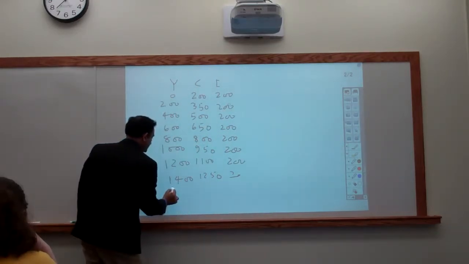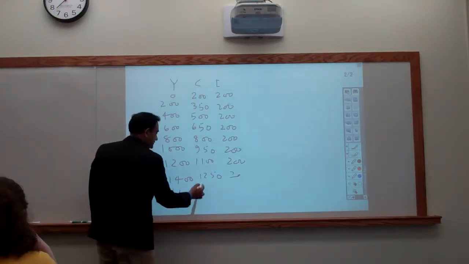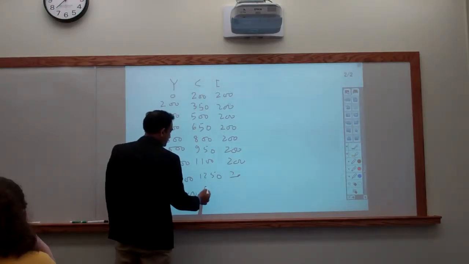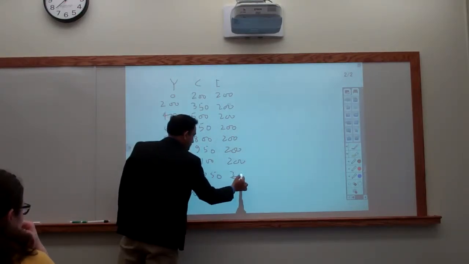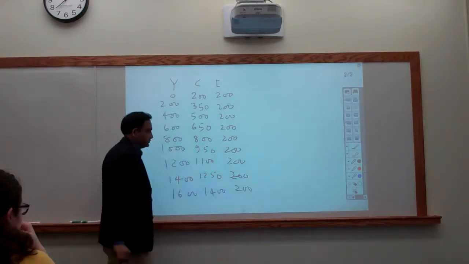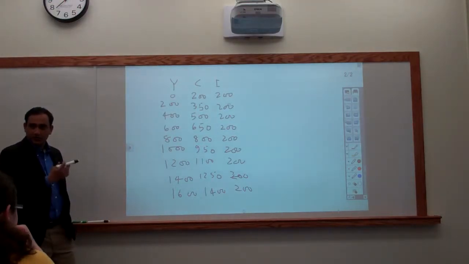So let's extend it to 1600. The 1250 plus 150, 1400. All right, got all those numbers. Do they look all right so far?